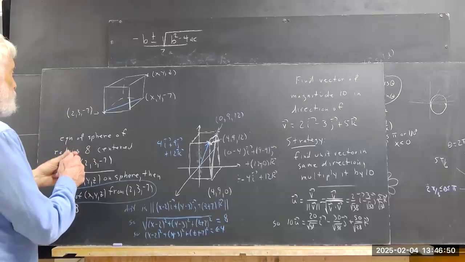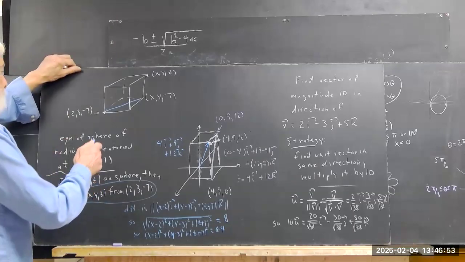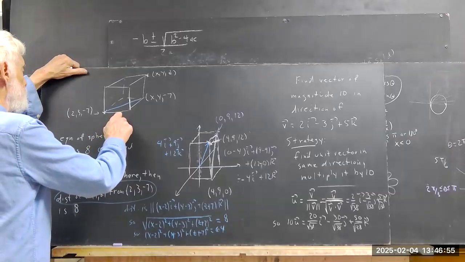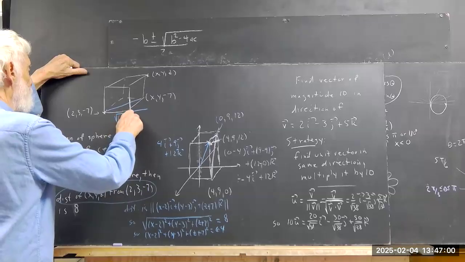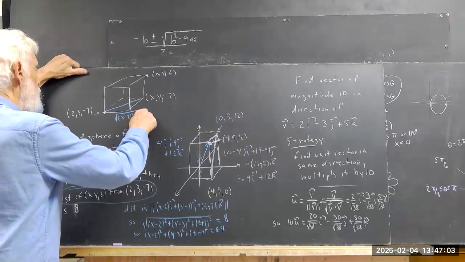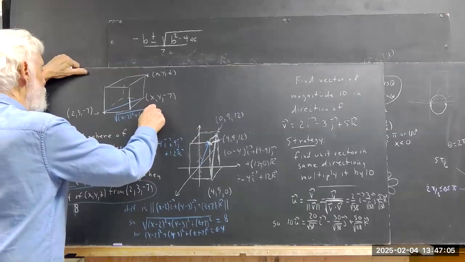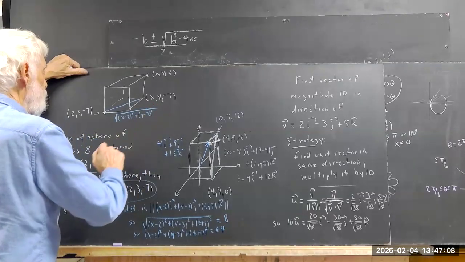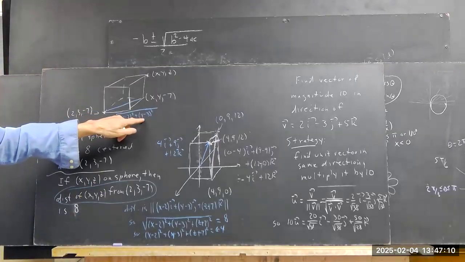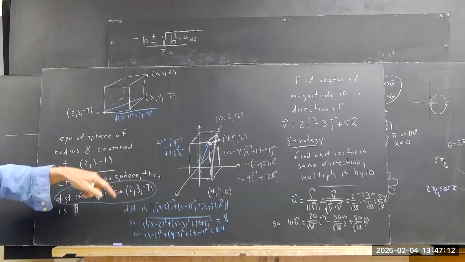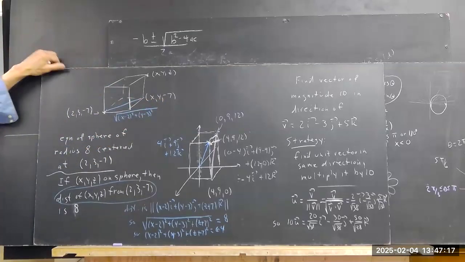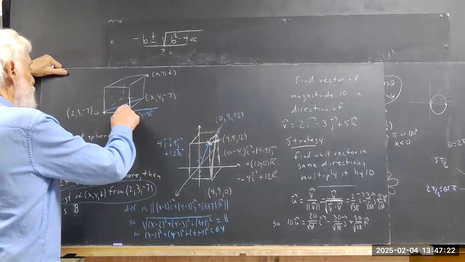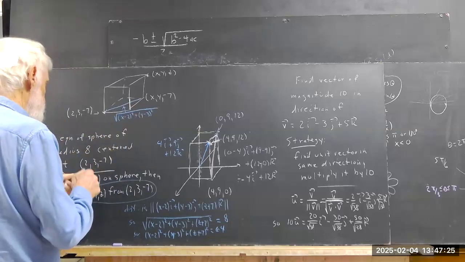Okay. And that distance is, by the Pythagorean theorem, square root of X minus 2 squared plus Y minus 3 squared plus -7 minus -7 squared, but -7 minus -7 is 0. So this thing has this length.